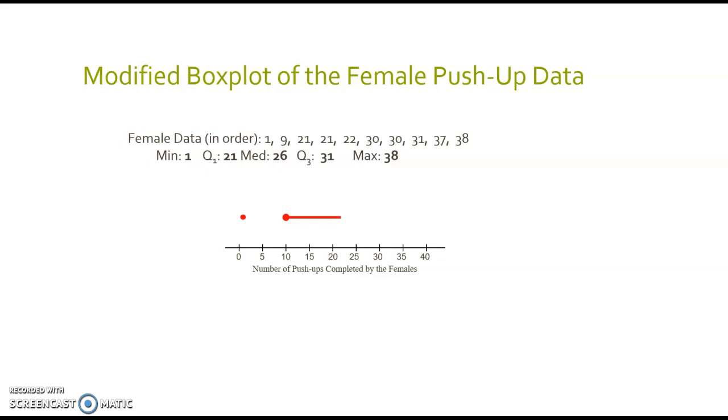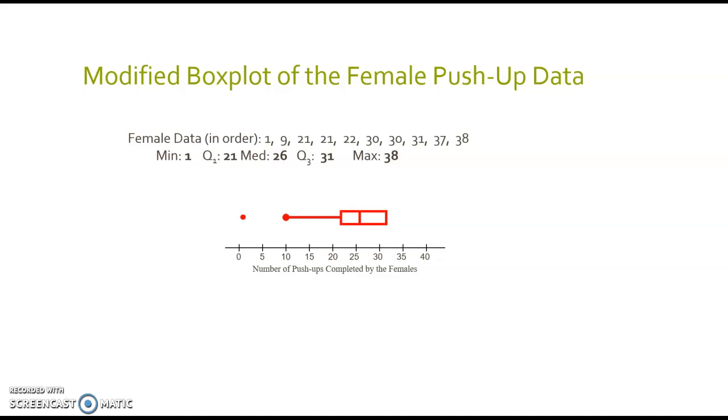The reason it's 9 to 21 is because 9 is the next lowest value. And then, of course, like we did in class, quartile 1 is at 21. Median is at 26, so we drew a line there. And then quartile 3 is at 31. So the box is formed by connecting Q1 to Q3, so 21 to 31.